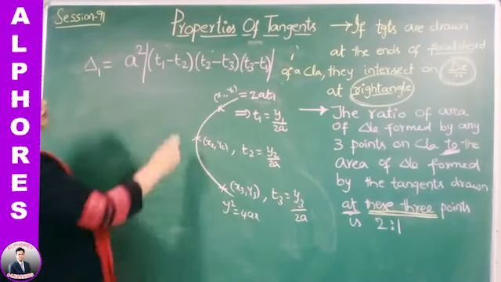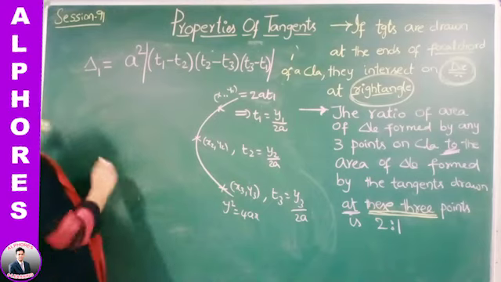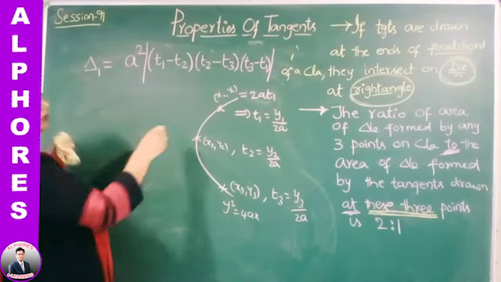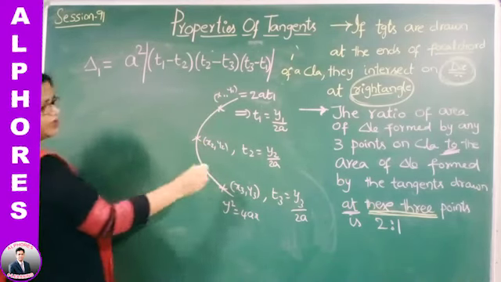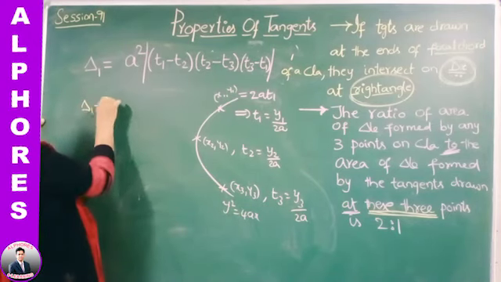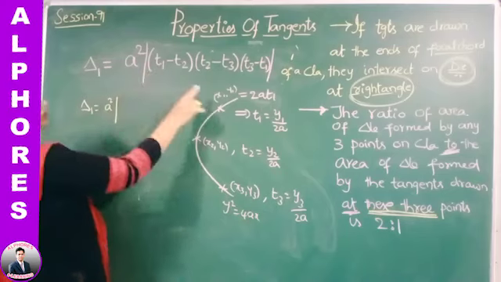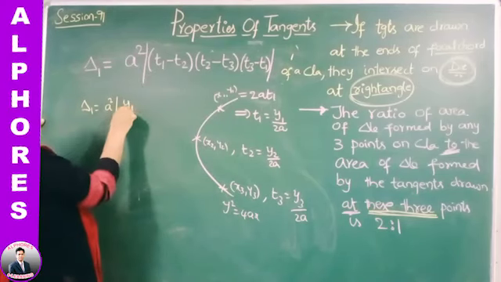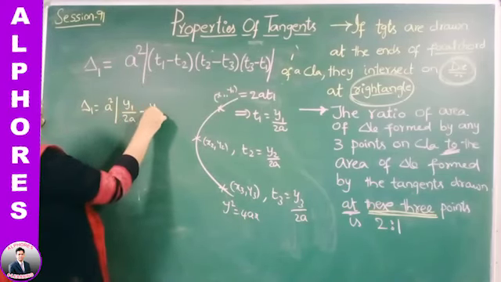Then if you substitute those values, what is your area in terms of x1, y1, x2, y2, x3, y3? It is nothing but a squared into t1, which is y1 by 2a, minus t2, which is y2 divided by 2a.